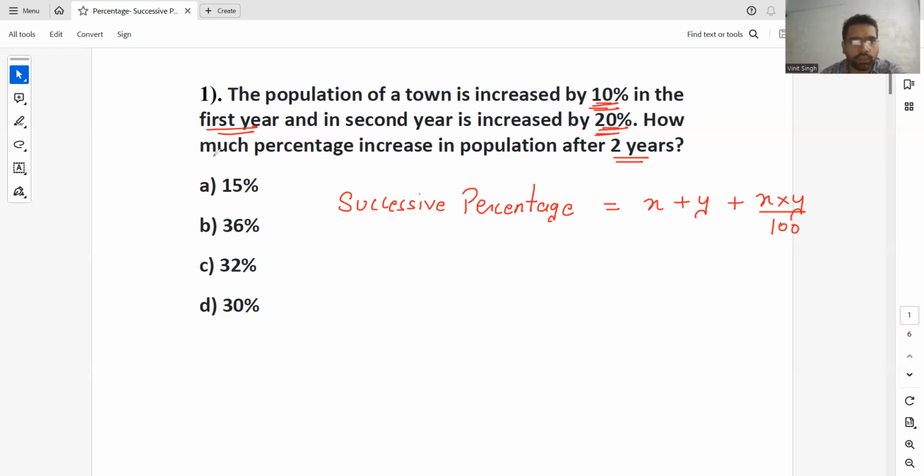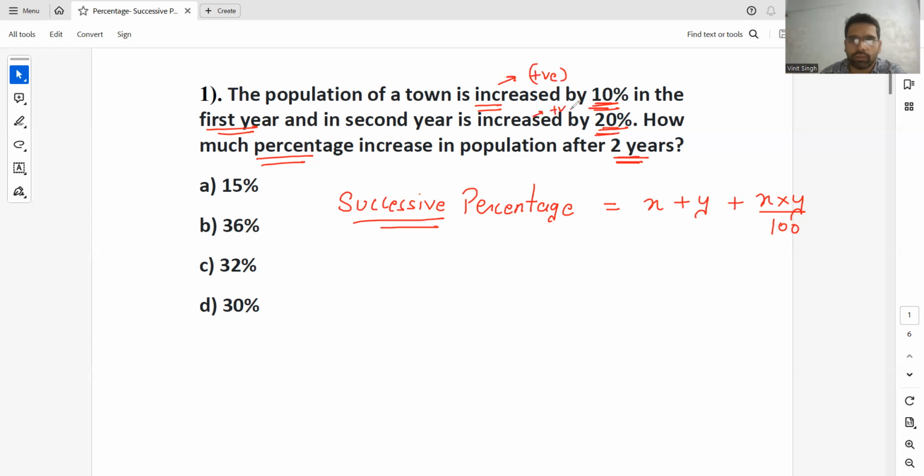While solving this type of question, we have to find the percentage increment or decrement after 2 years. So in this type of question, we can directly apply the formula of successive percentage. Here, in the first year, it increases 10%. In case of increase, we will take the value as positive.